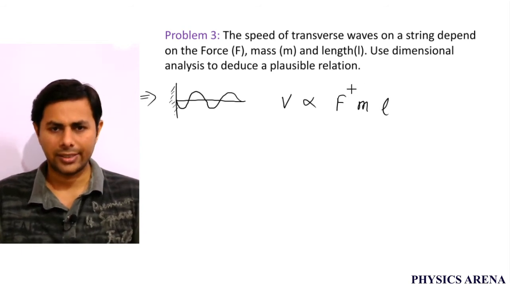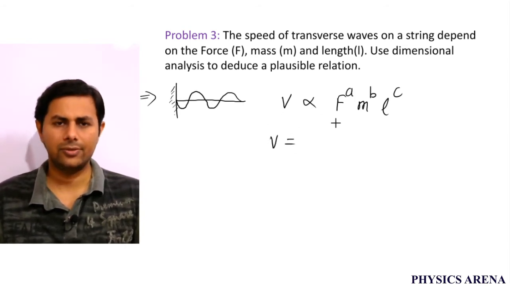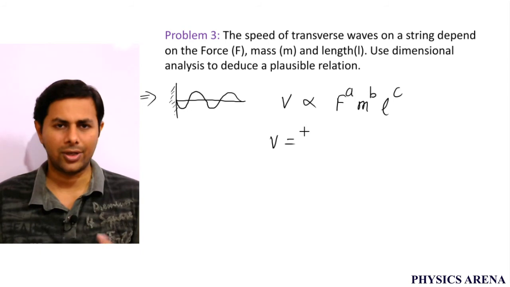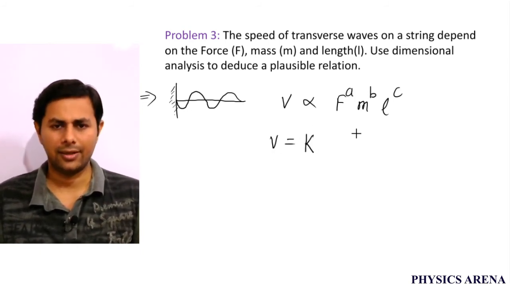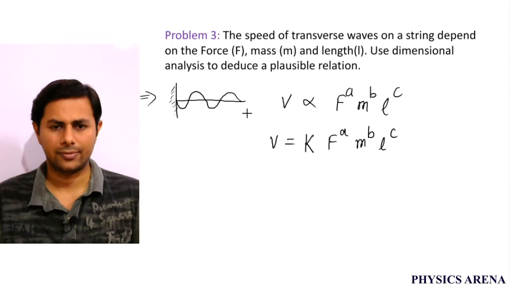So let's consider that it depends on F raised to A, M raised to B and L raised to C. So I can write this as V equals some constant. If we remove the proportionality sign and put an equality sign, a constant will come. So some numerical constant K times F raised to A, M raised to B and L raised to C.